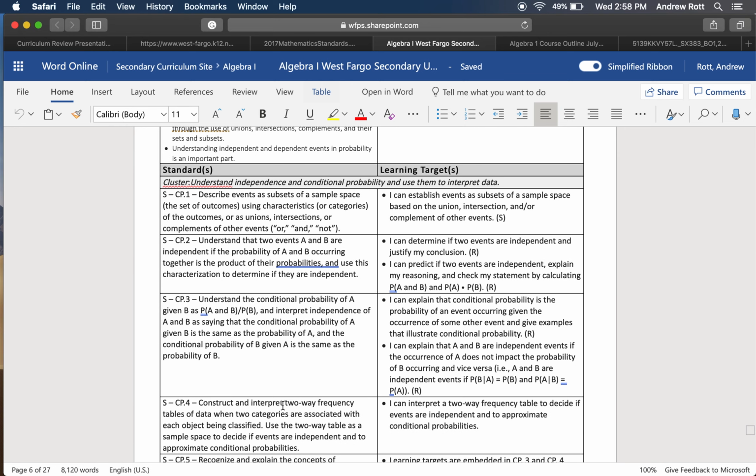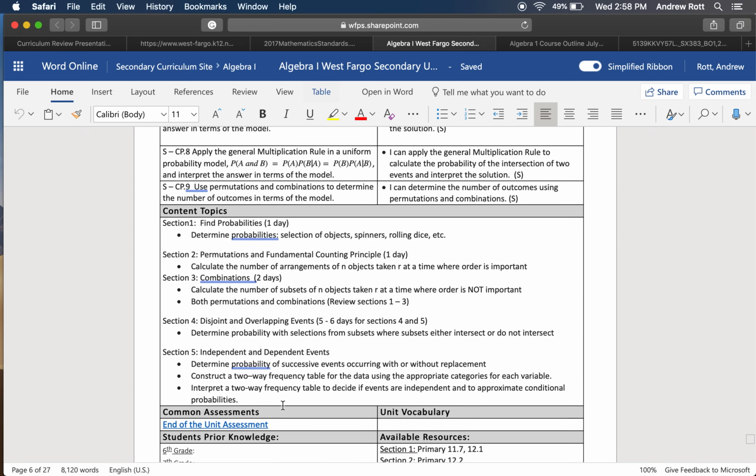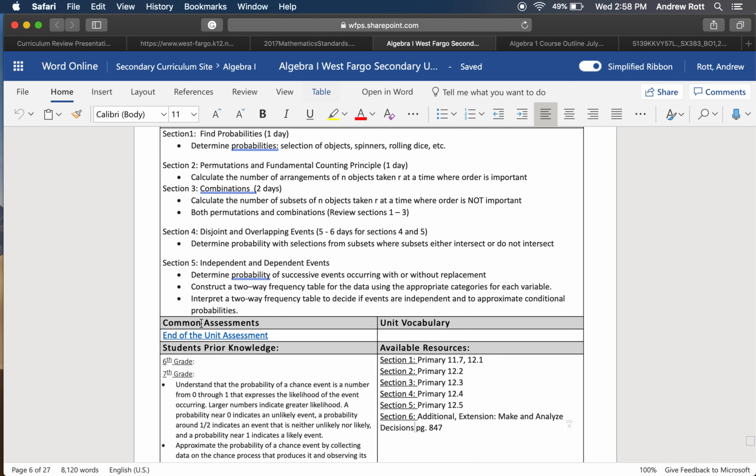When I start diving into the assessment portion of this unit, you can see right down here, common assessments, it just says end of the unit assessment. But before I started diving into this a little further, I felt like we had a very good variety of assignments. We have bell ringers that we do almost every day.